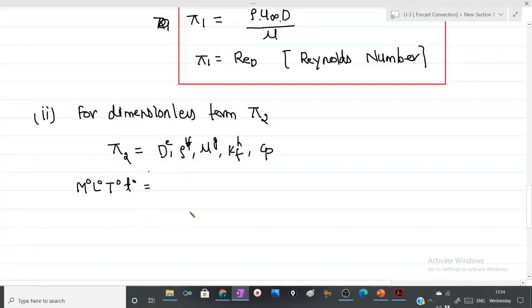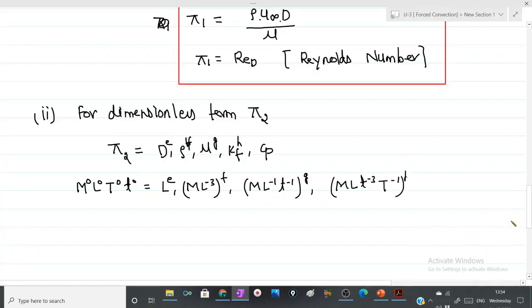Once again, diameter is L to power e, rho is M L to the minus 3 to the power f, mu is M L to the minus 1 t to the minus 1 to the power g, kf is M L t to the minus 3 T to the minus 1 to the power h, and the primary dimensions of specific heat are L squared t to the minus 2 T to the minus 1.